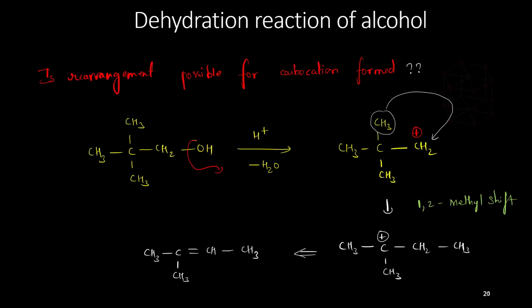What is the meaning of 1,2 methyl shift, and is rearrangement possible for the carbocation? If the rearrangement happens, where does the double bond move to? If rearrangement doesn't happen, the double bond will form here. But due to the rearrangement, now it forms here. So instead of being on the first carbon, now it is present on the second carbon due to the shuffling of some atoms.